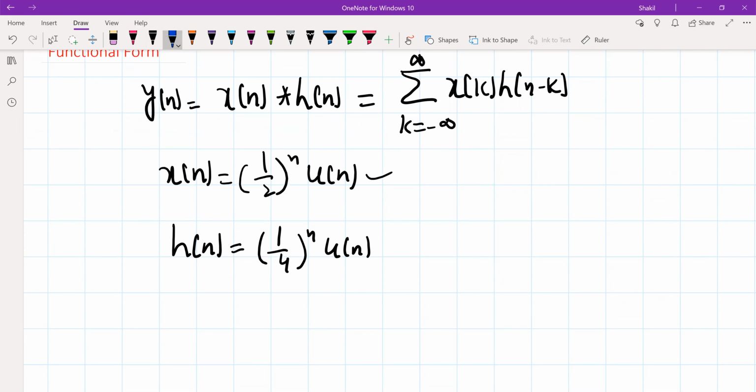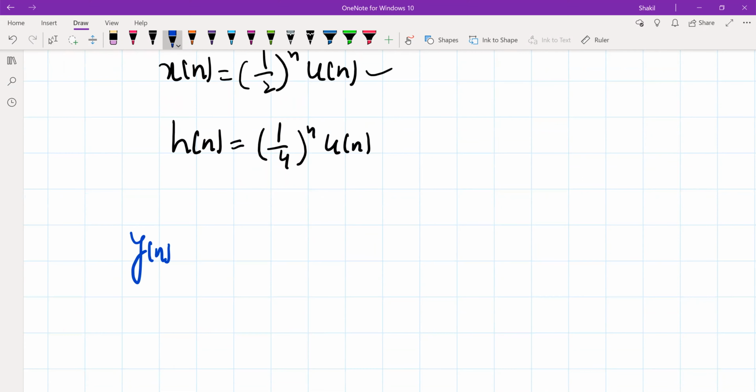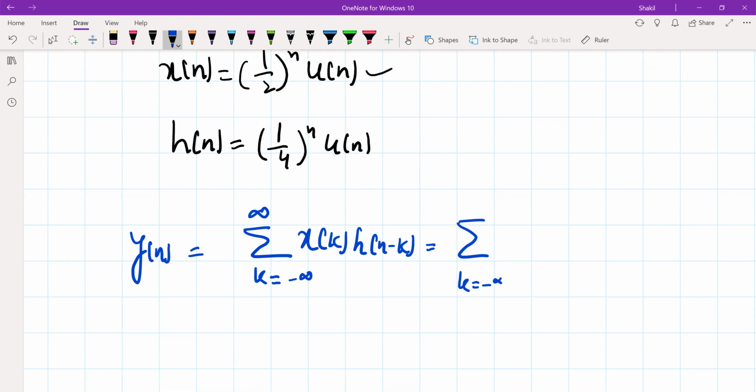Now we can directly evaluate using this formula. So y of n will be simply the sum over k running from minus infinity to infinity of x of k h of n minus k. Substitute the value of x of k: replacing n by k, it will be 1 by 2 raised to the power k, u of k.